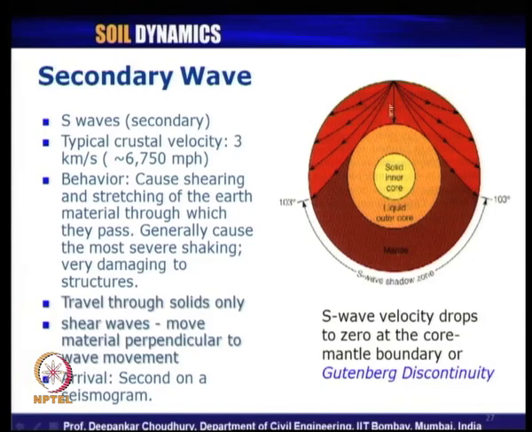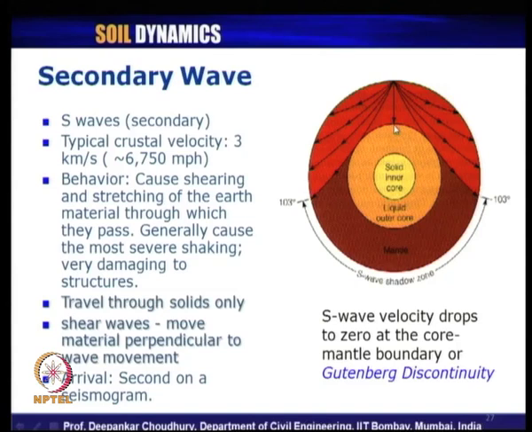Why is it so? The S wave travelling through the mantle is fine, because the mantle is mostly solid material of the earth. When it travels in this direction and hits the boundary of the mantle and the outer core, what is the outer core? I have explained, it is basically a molten liquid, a fluid state.